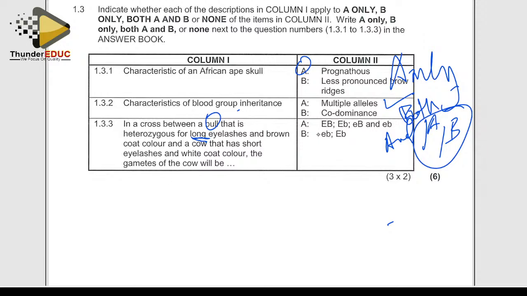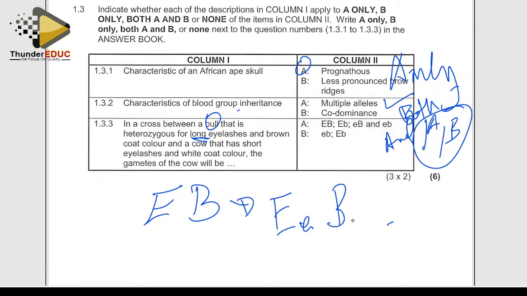So let me say eyelashes is capital E, and color is capital B, for example. But because it is heterozygous, it's going to be capital E, small e, capital B, small b, without a space.